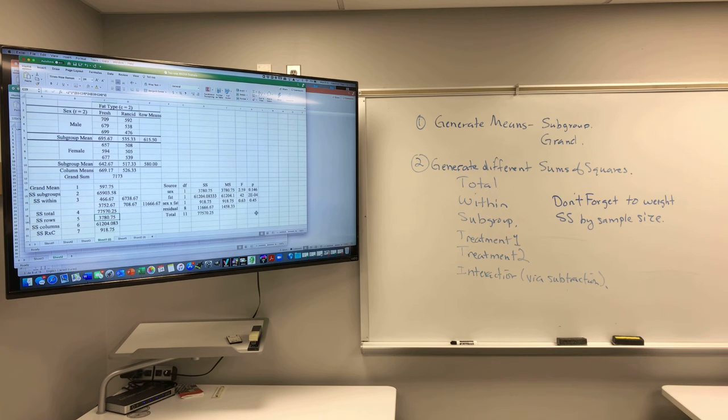Okay, now in the next column, subtract one column from the other column and square it. Drag those. Now sum that whole thing and multiply it times 6.